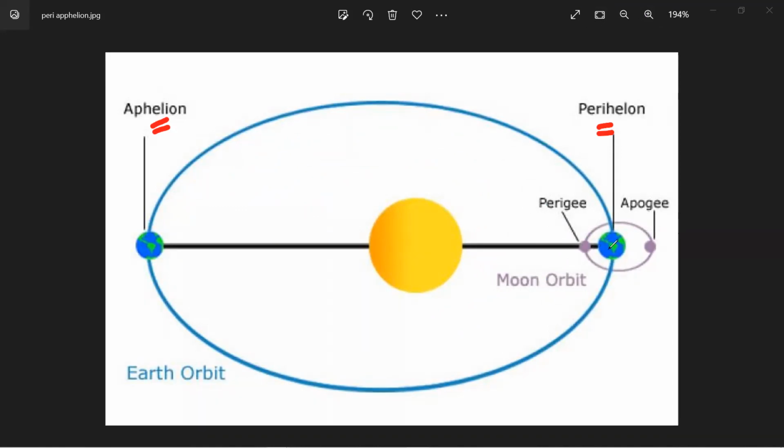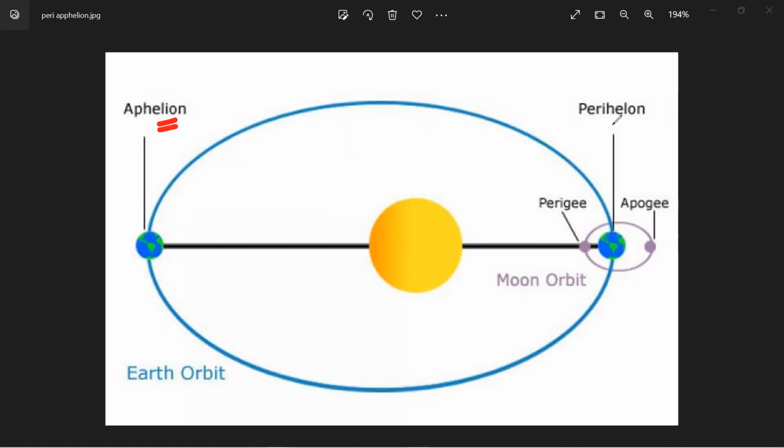But in the case of the moon and earth system, the peri and apo are the same. But here, helion is with respect to the sun, and this G would be with respect to earth. Are we clear? So aphelion is the farthest distance of a celestial body from the sun. Apogee is the farthest distance of the moon from earth.